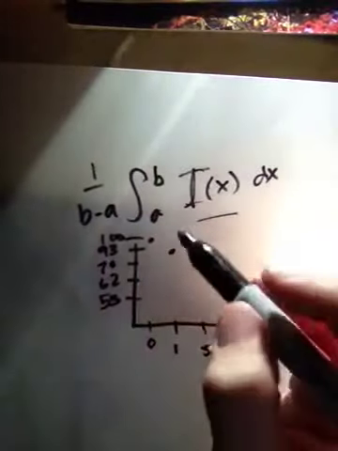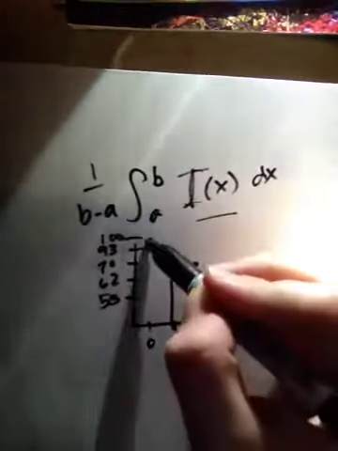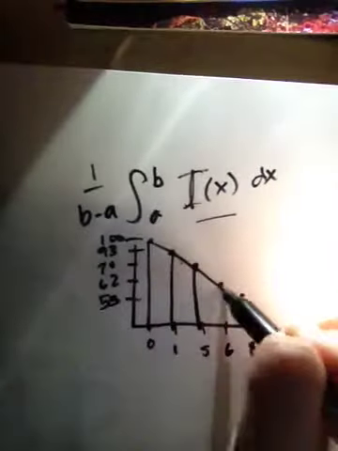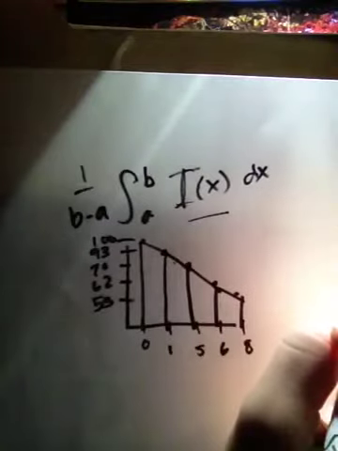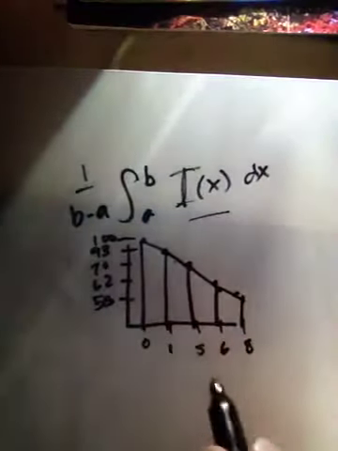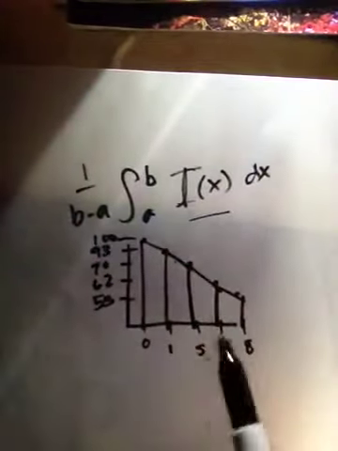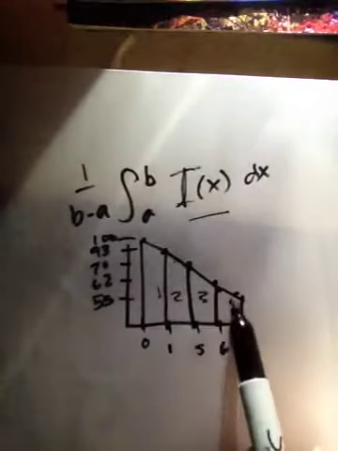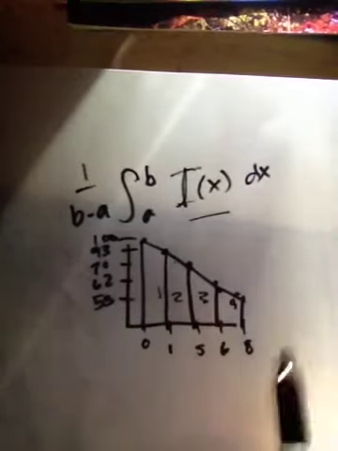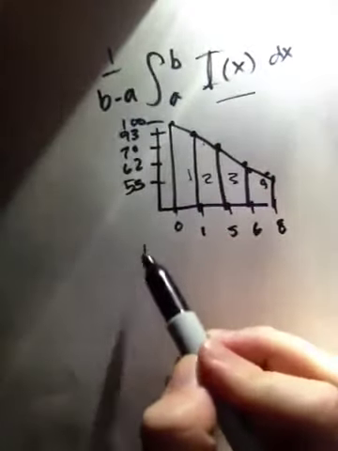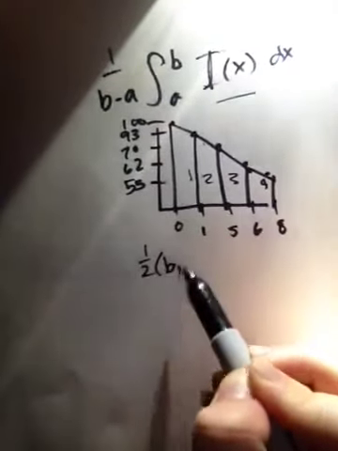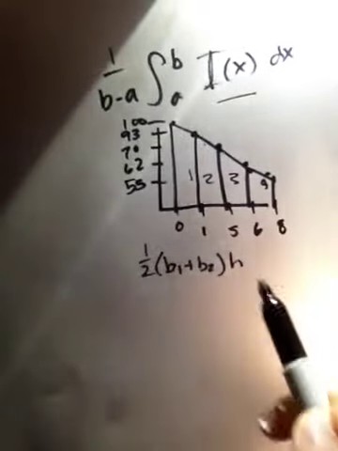So for a trapezoidal approximation, you're going to work down and draw trapezoids. It says 4 subintervals indicated by the data, and so we have 1, 2, 3, 4 shapes, and these are our intervals. The equation for a trapezoid is 1/2 base 1 plus base 2 times height.